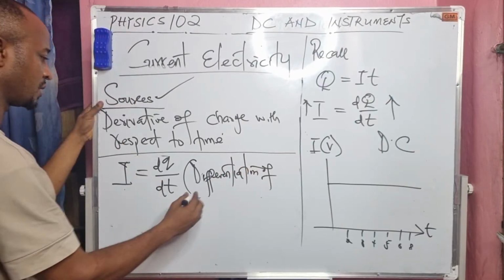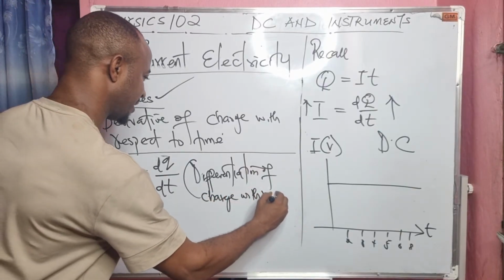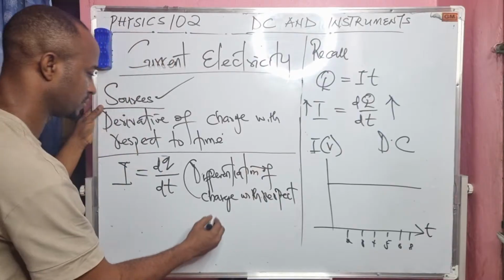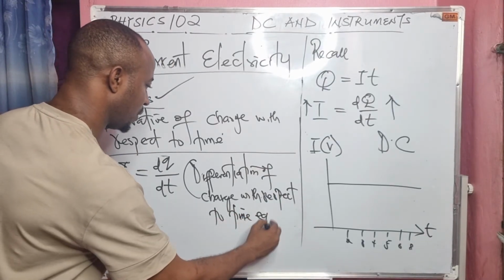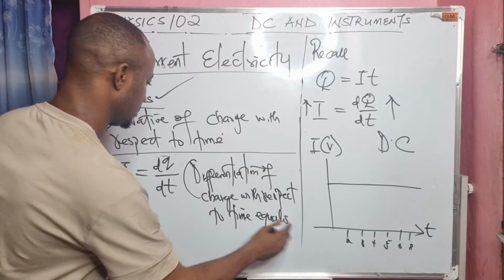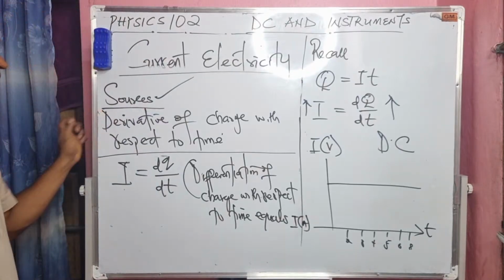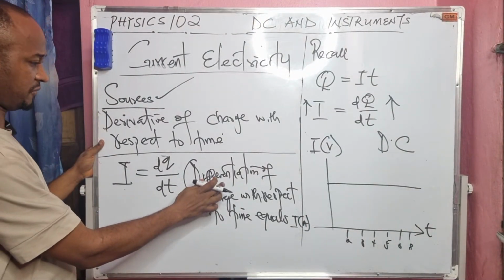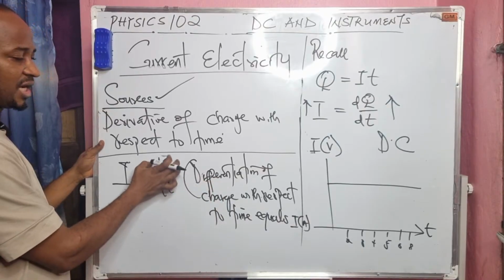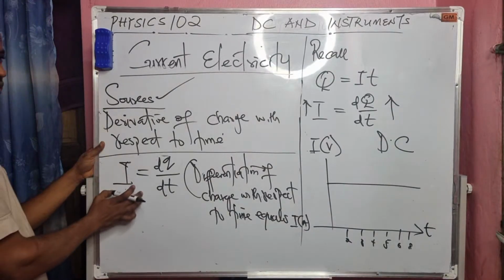Differentiation of charge with respect to time equals current in ampere. Meaning the derivative of charge with respect to time equals current.